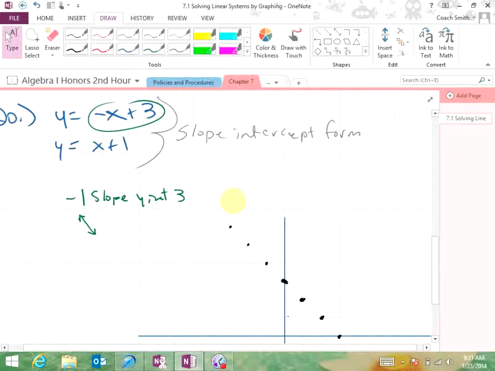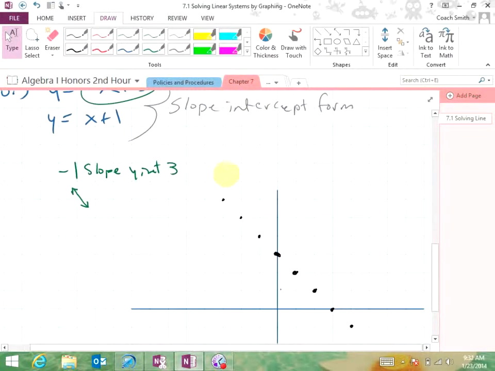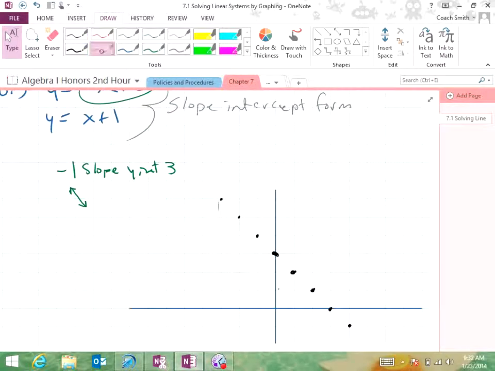Second equation is y equals x plus 1. So the slope for our second equation is 1, and the y-intercept is 1. Okay, so it's going to be right here. There's 1. So our slope of 1 would be like this. So when you're using graph paper, you can already see what our point of intersection is.